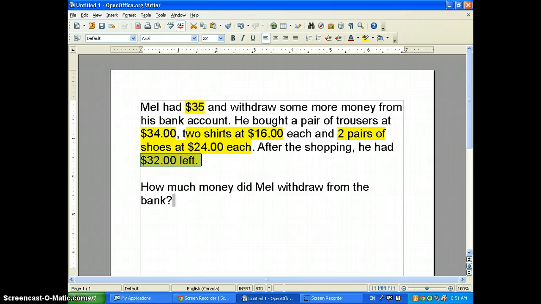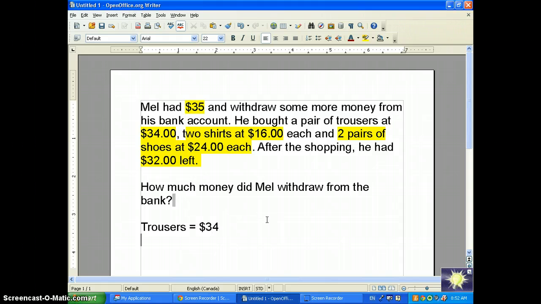So we have to find out, how much money did he spend? That's one of the first things we need to realize. So we add everything up, but we've got to find out what he spent on everything. So for the trousers, and I think it's always important you organize your information, 34.